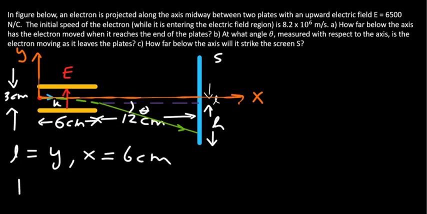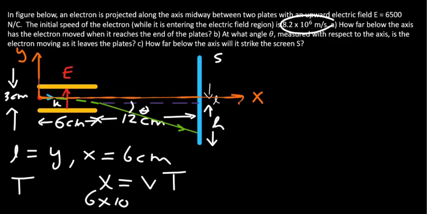So we need to figure out what that time is. We know the speed of the electron is that, so x equals the speed of the electron times the time of flight. If x is 6 centimeters, you can convert that into meters, 6 times 10 to the power minus 2.